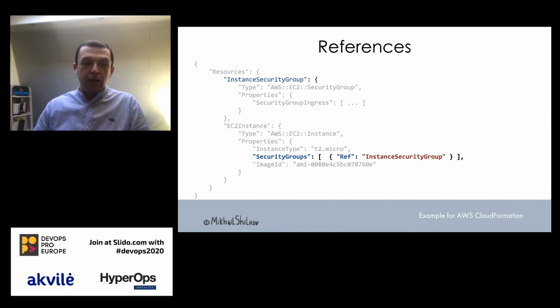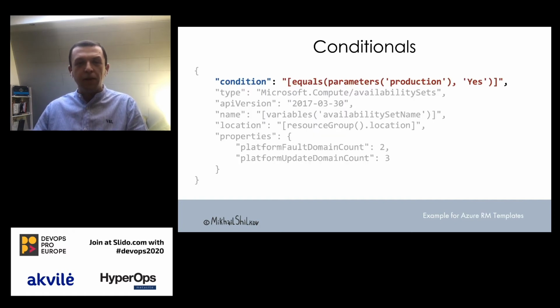Also, as I already mentioned, those languages are not just YAML or JSON. They are languages to define dependencies, like in this example of the ref attribute. They have conditionals these days. So if you apply special syntax to an attribute, it will evaluate it, and if it's false, it will not deploy the resource.